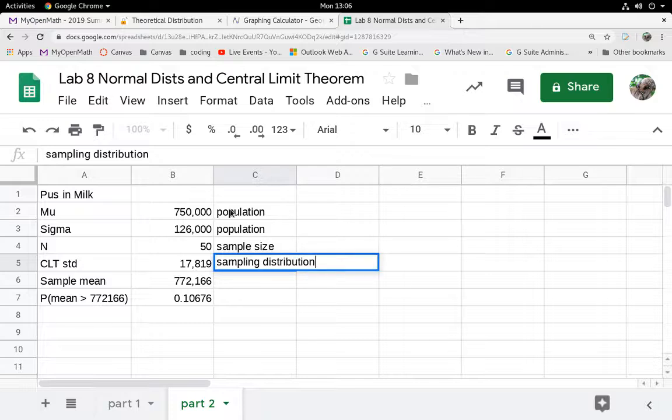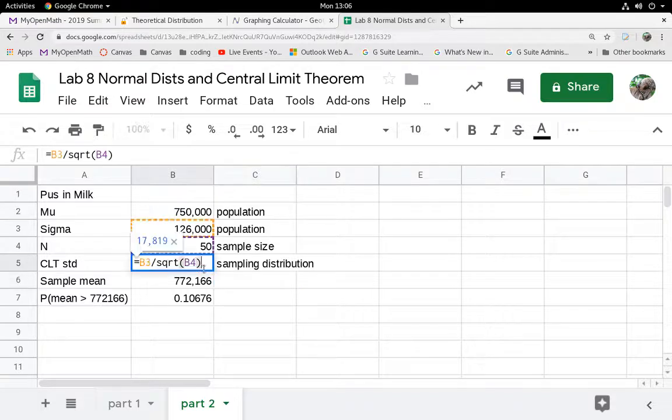It's a very important distinction we have to make. And I found that by taking the population standard deviation and dividing by the SQRT, the square root of the sample size. And when I do that, I get 17,819 to use as a standard deviation instead of 126,000.